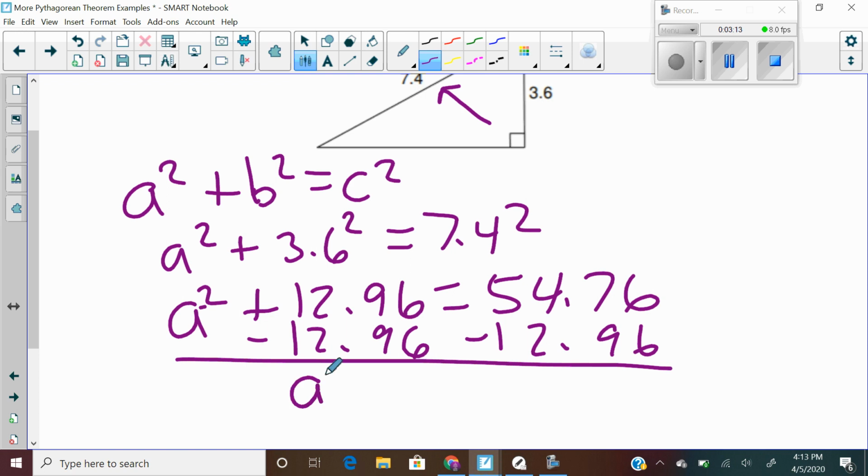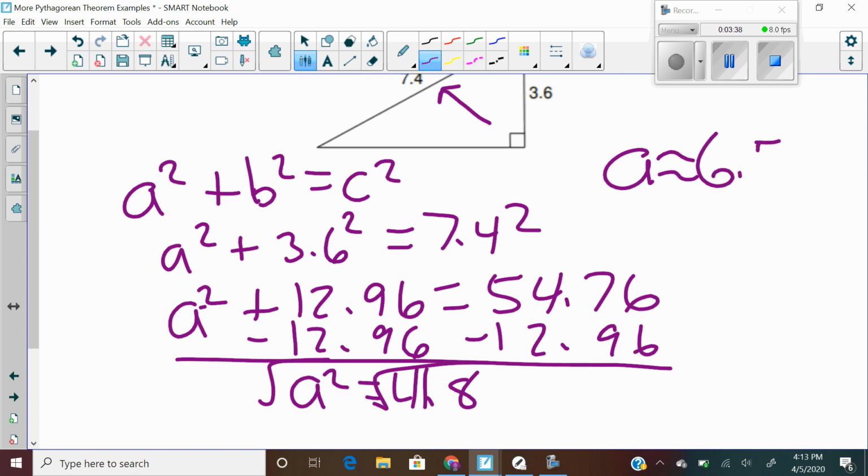So I get a squared equals 41.8. And I square root both sides. So a is approximately 6.5.